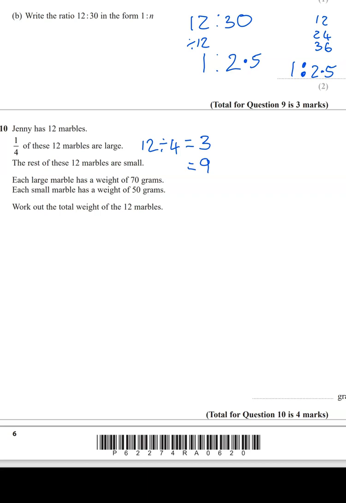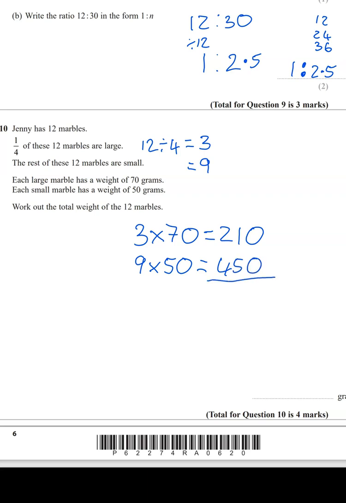Now, each large marble has a weight of 70, and each small marble 50. So we need to do 3 times 70, and I would do 3 times 7 and then put the 0 on. 3 times 7 is 21, so it's 210. Then we need to do 9 times 50. Again, I would do 9 times 5, which is 45, and I'd put the 0 on.